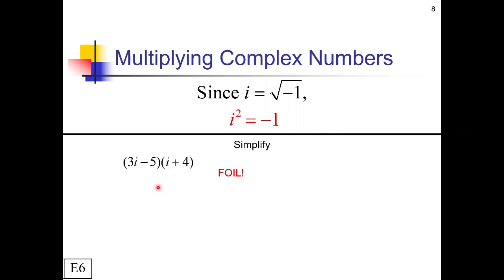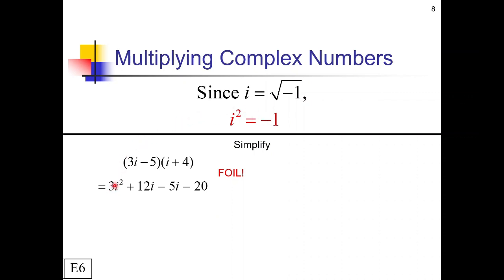All right, so foiling this out, we do firsts, outers, inners, lasts, basically just double distributive. 3I times I, that's going to be 3I squared. 3I times 4 gives us plus a 12I. Minus 5 times I is minus 5I, and then minus 5 times 4 gives us negative 20. Now remember, I squared is really negative 1.